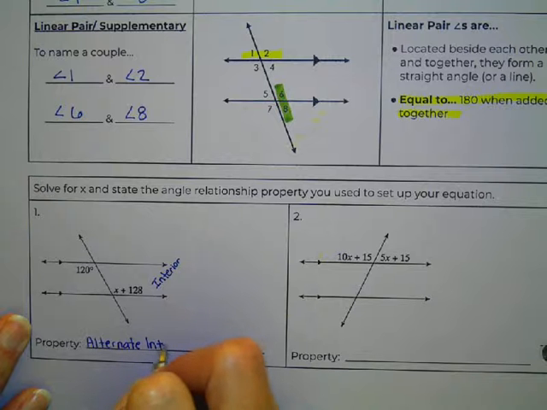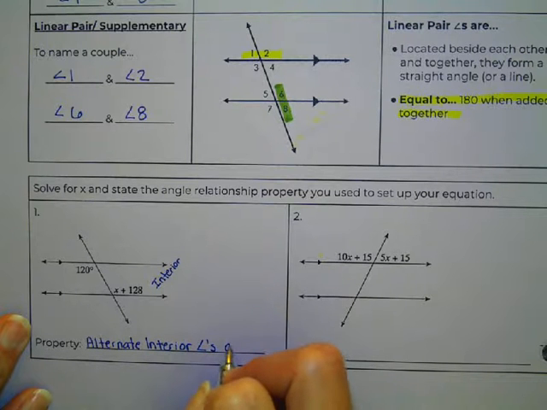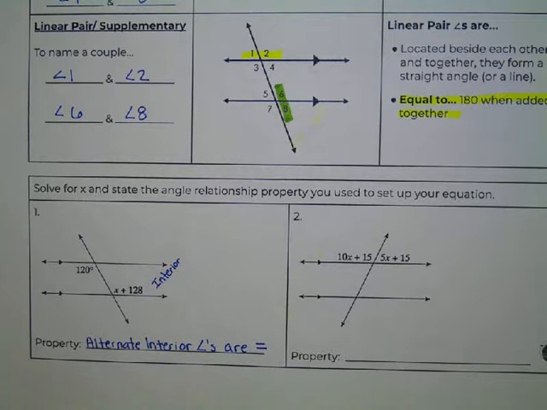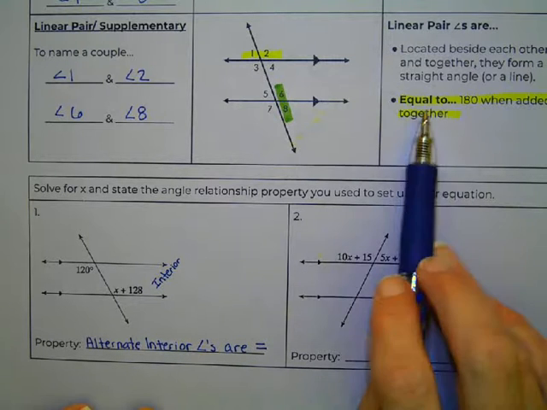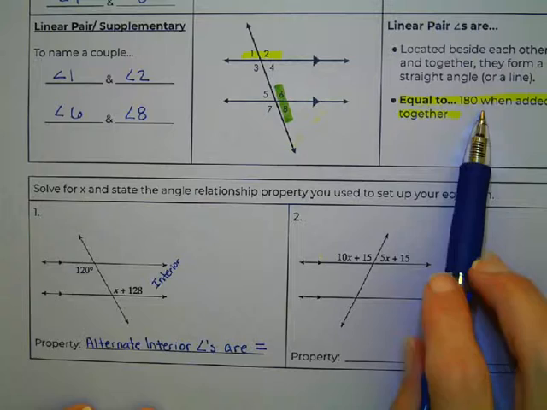Alternate interior angles are equal. You're not only telling me the name of the angle, but I want you to tell me whether that means they are equal or they add up to 180. There are only two types that add up to 180, so I'm going to star those down here.